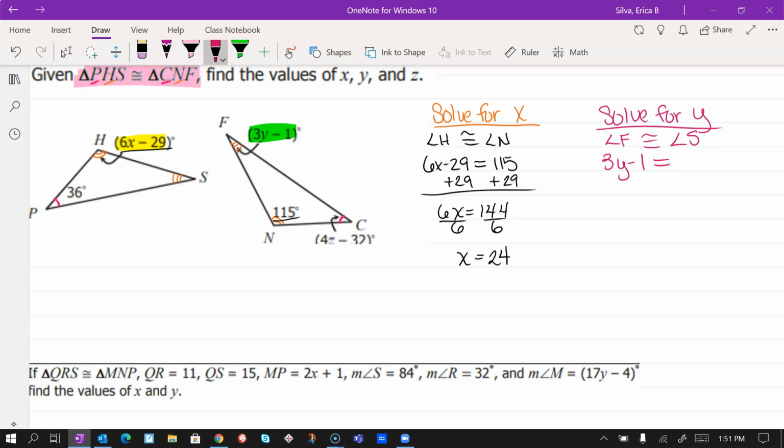Angle S, do we know what the angle measure is? What can we do to find it? How can we find that missing angle measure? We know this one's 115. How do we find angle S?